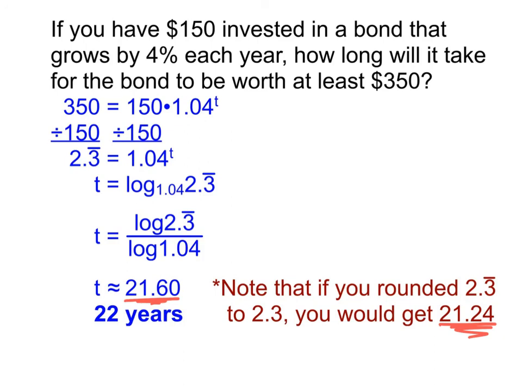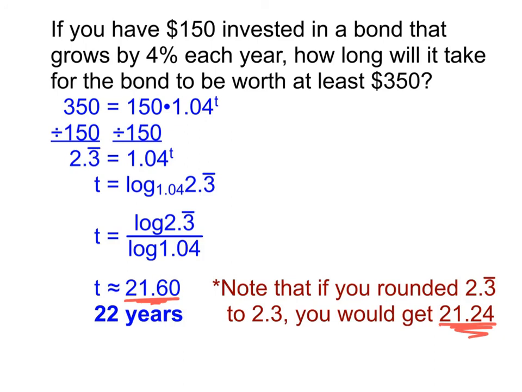Now, that's not a huge difference, like it's not exactly 10 years difference, but it is a fairly significant difference. In fact, if you were just rounding to the nearest year, that might well be the difference between you thinking it's 21 years and 22 years. And so those sorts of things can make a big difference.